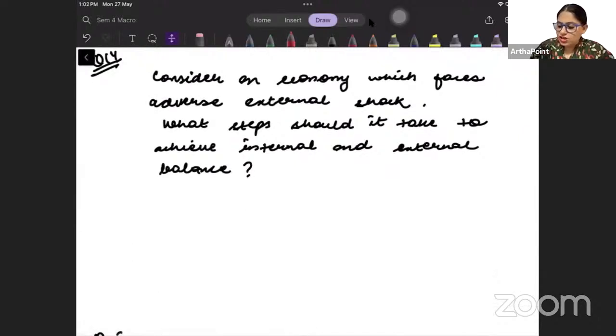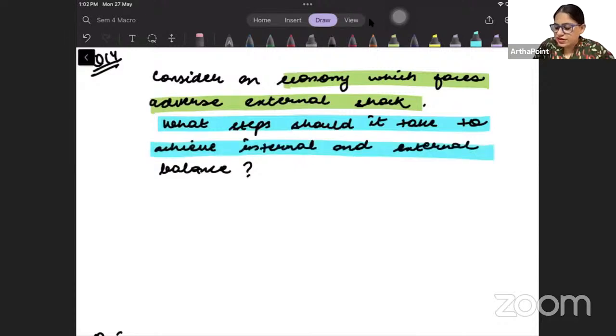So question number 14. It says, consider an economy which faces an adverse external shock, what step should it take to achieve internal and external balance? The answer to this is given on page 606, beta.